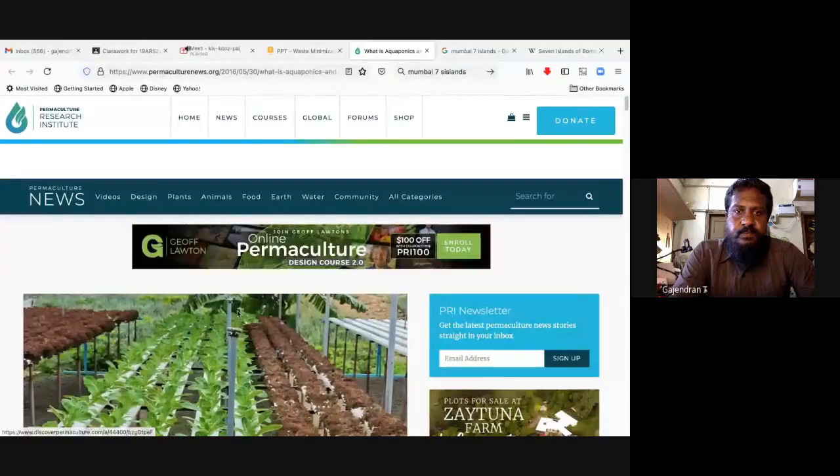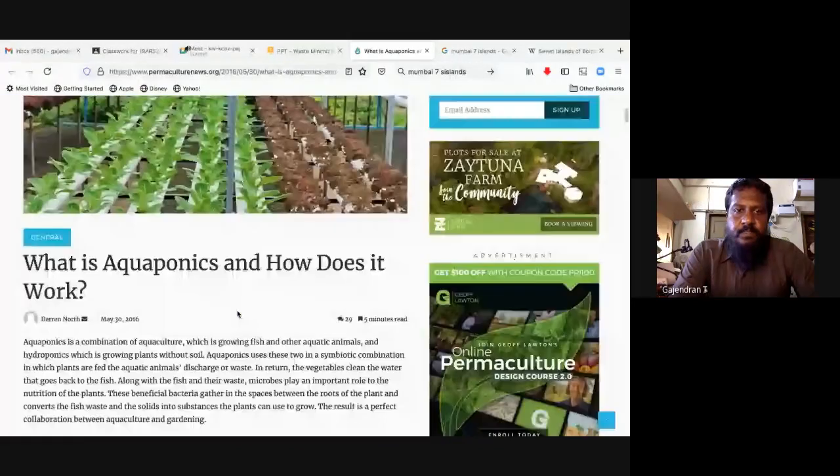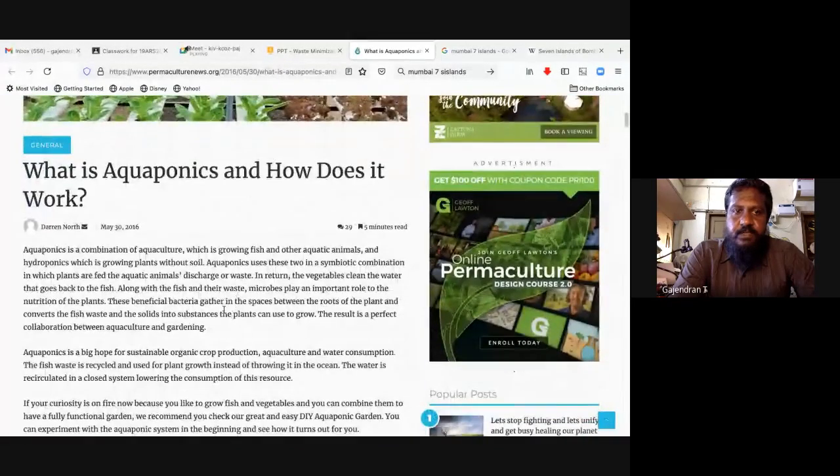Aquaponics is using fish and the waste from it. It is a combination of aquaculture, which is growing fish and other aquatic animals, and hydroponics, growing plants without soil.